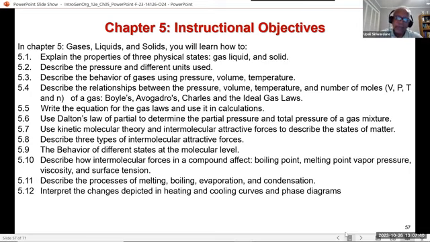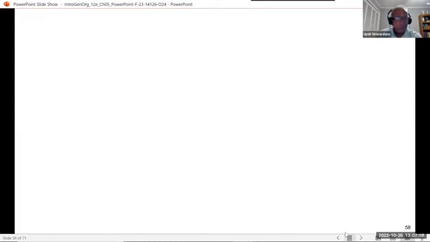Today, we are mainly going into the solid state. We're going to define phase changes using heating and cooling curves and phase diagrams. So that's the last topic of chapter 5. So I am going to go to the solid state right away.